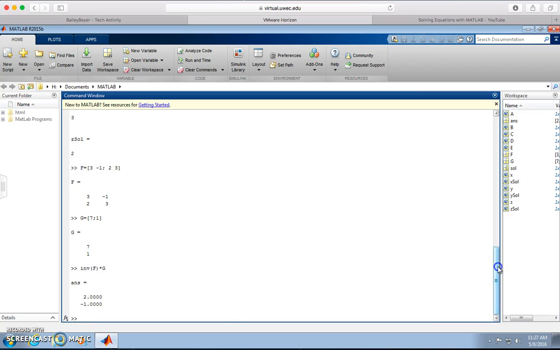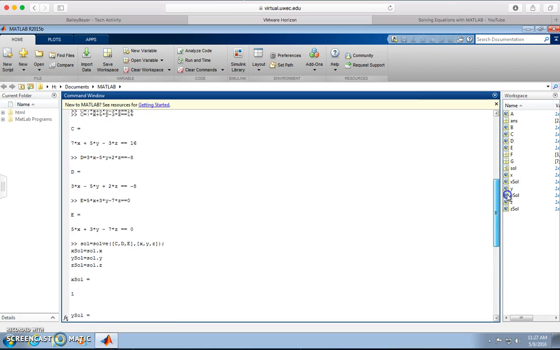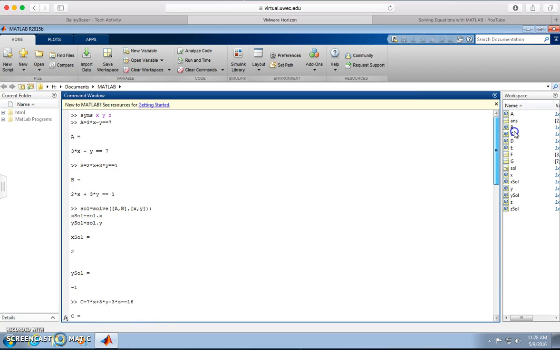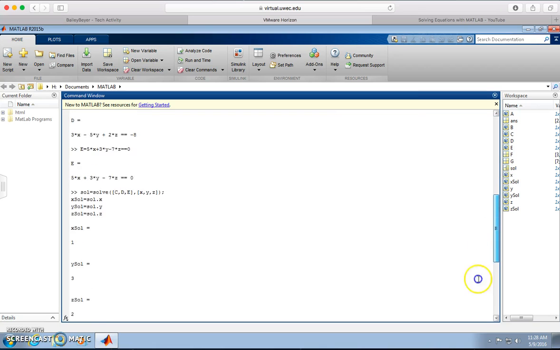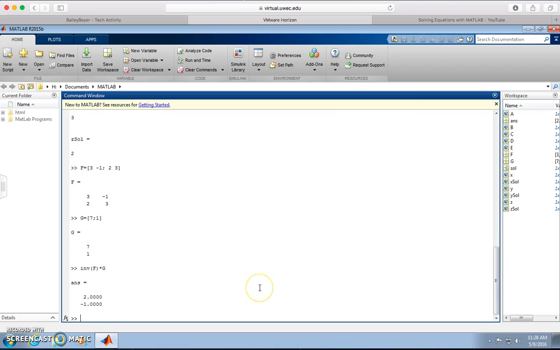Now that should correlate with the way we did it above. And we can see by looking up here, our x solution is 2 and our y solution is negative 1. So in my opinion, this way is a lot easier. I want you to go ahead, try doing equation 2 by doing that. And if you don't have any problems, nice job. But if you want to come back and see how I do it, feel free to do so.